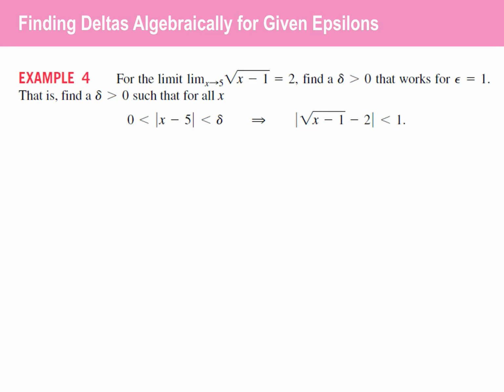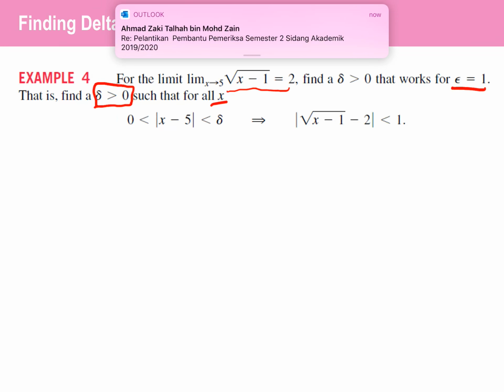The example says: for the limit as x approaches 5 of square root of x minus 1 equal to 2, find a delta greater than 0 that works for epsilon equal to 1. That is, we want to find a number delta such that for all x, 0 is less than modulus x minus 5 less than delta.